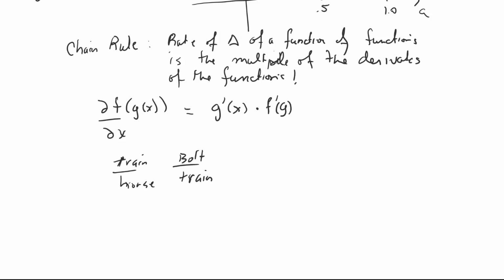So I said this was 2x and this was 3x, and I asked, how much faster is Bolt than a horse? You would know, just intuitively, it was 6, right? So what we just did was g prime of x times f prime of g. You with me? If I told you a train is 2 times faster than a horse, and Usain Bolt is 3 times faster than a train, you just multiply those together and get 6. We all know that intuitively, but that's the chain rule. That's a very simple way to think about the chain rule.